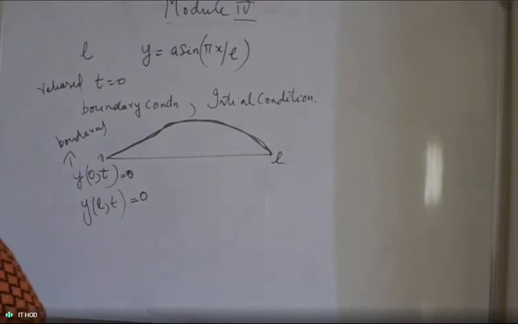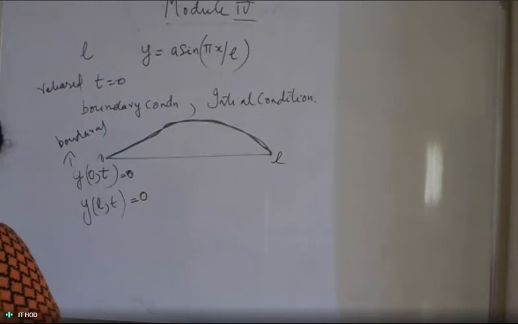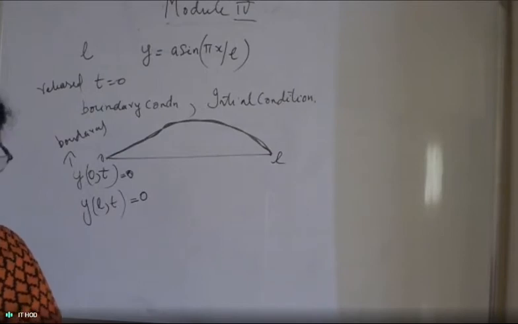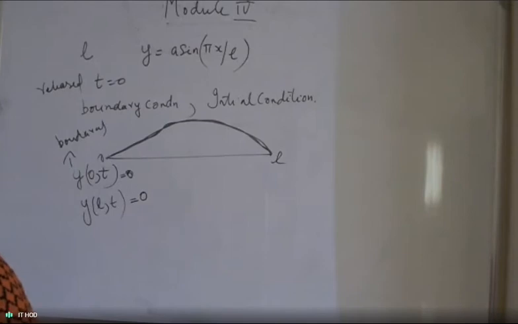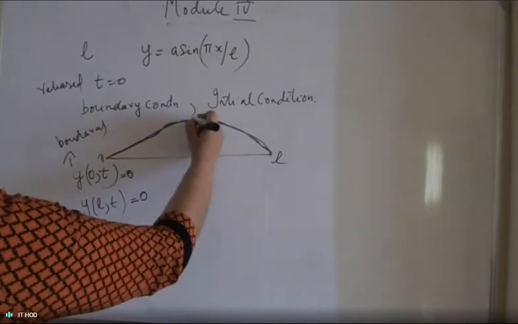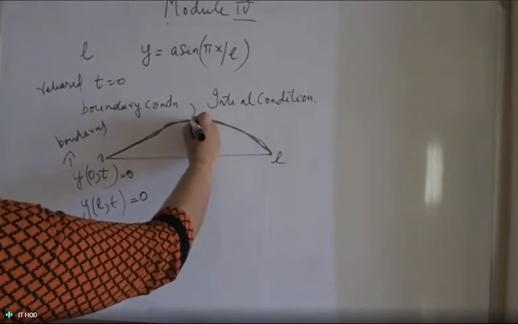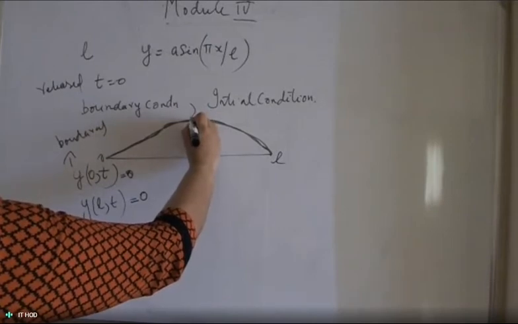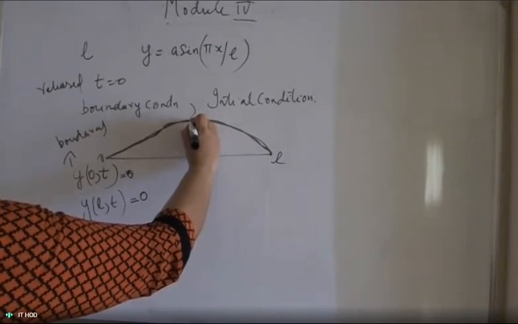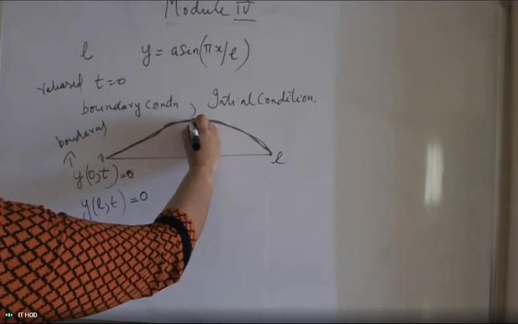Look at this. Motion is started by displacing the string in the form y is equal to a sin(pi x by L). So this is the position and the displacement is given as a sin(pi x by L). That is one initial condition.